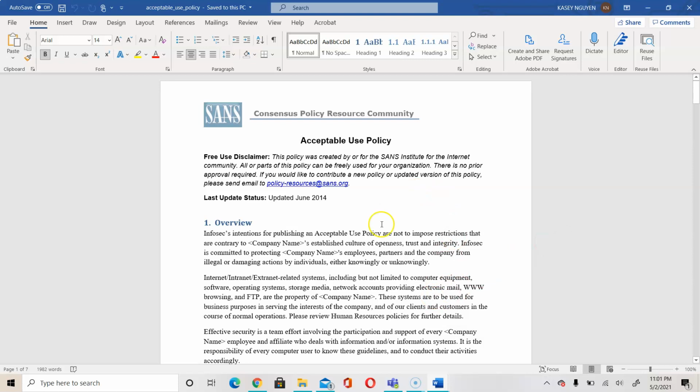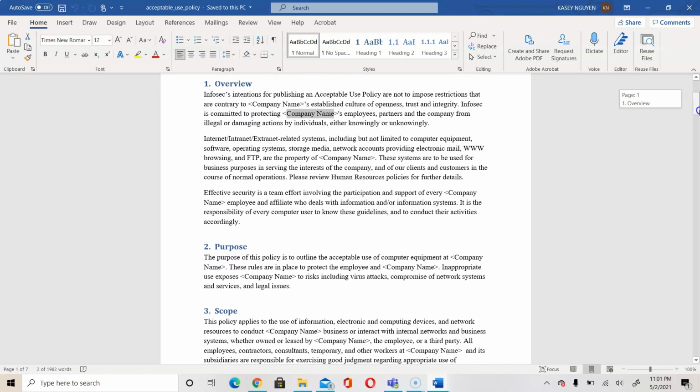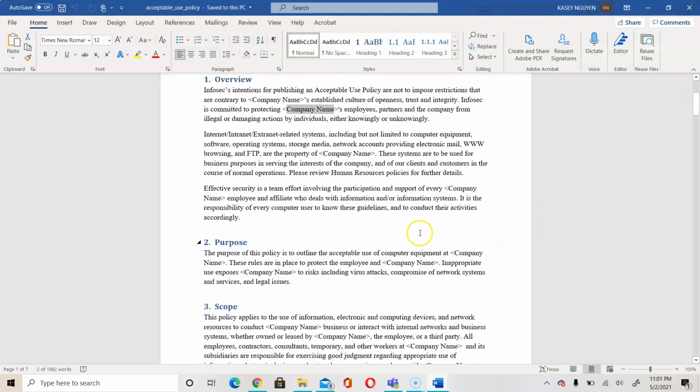What you do is review the content, edit the content, and add the appropriate organization name. If I'm doing this for ABC Corporation, for example, I would change this and add in the company's name. Then I need to review all the appropriate services and so on.